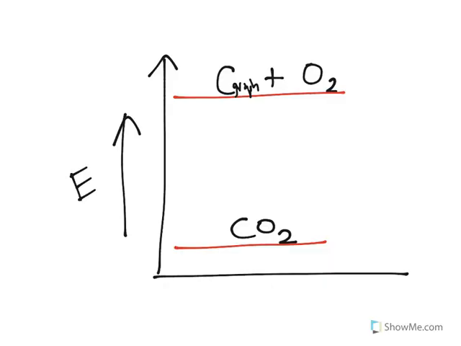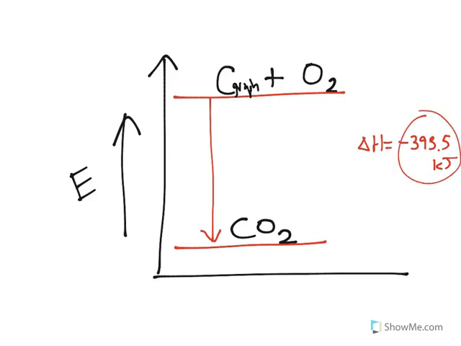If we think about the energy diagram, the delta H for graphite reacting with oxygen turning into carbon dioxide is negative 393.5 kilojoules. That means that we're going from reactants to products, and we are releasing a bunch of energy. So that value being the 393.